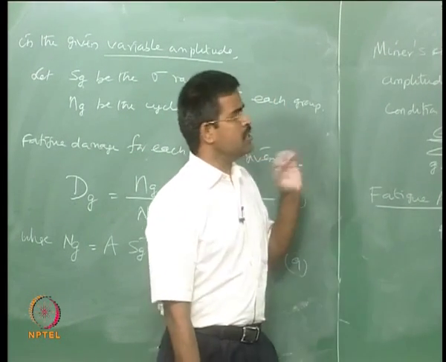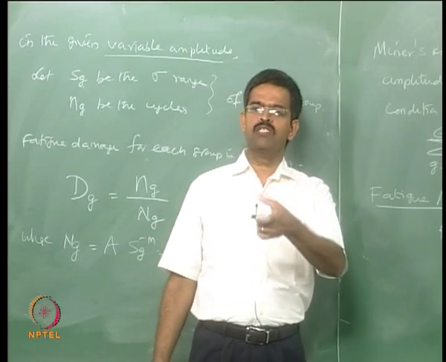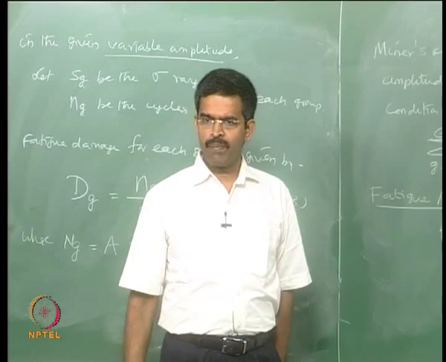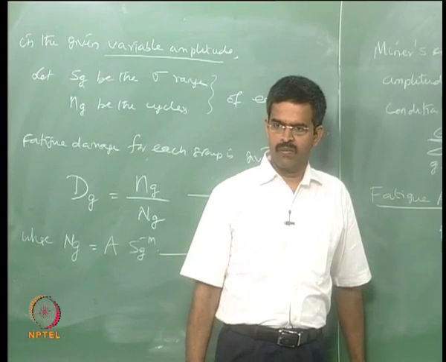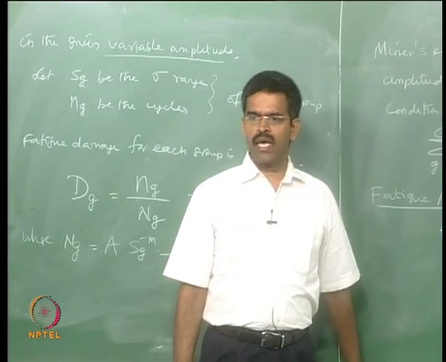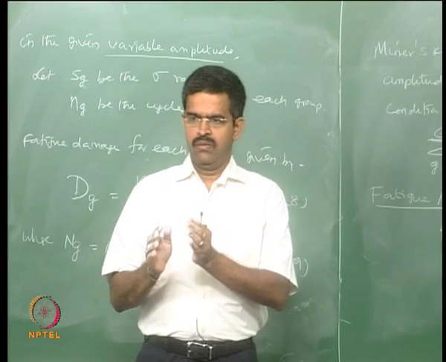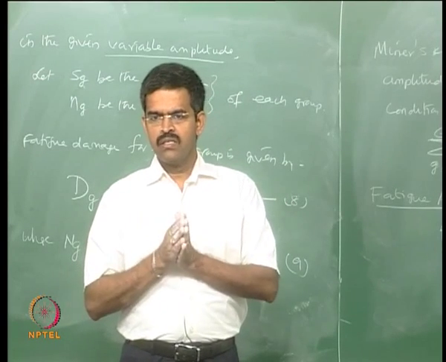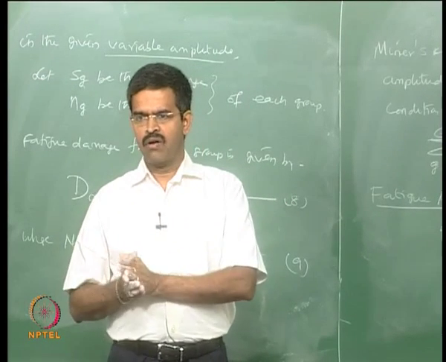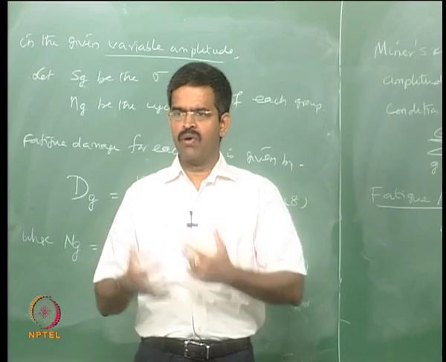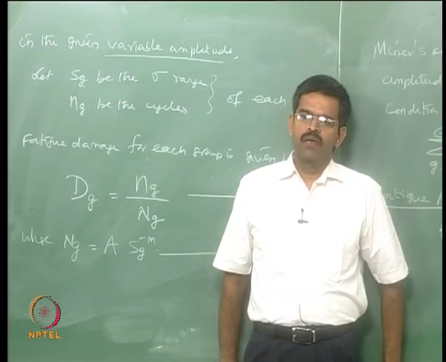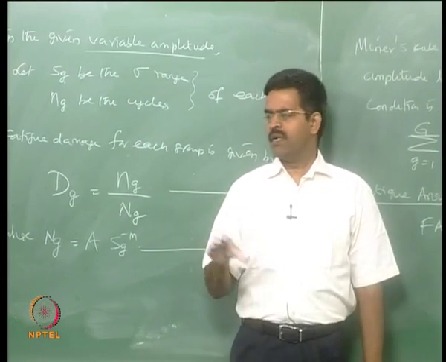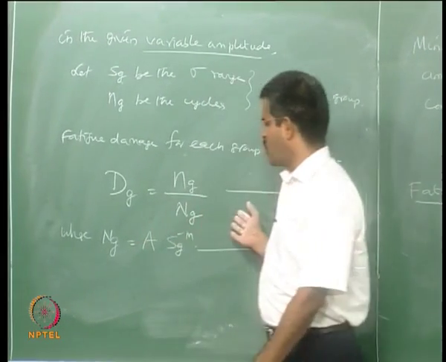Therefore, Miner's rule is a modification on SN curves which is applied for estimating the fatigue life of marine structures. Miner's rule says that you group the stress range and the corresponding number of cycles of each group separately from a given stress history or stress range time history, and for each group you estimate the fatigue damage by this equation.